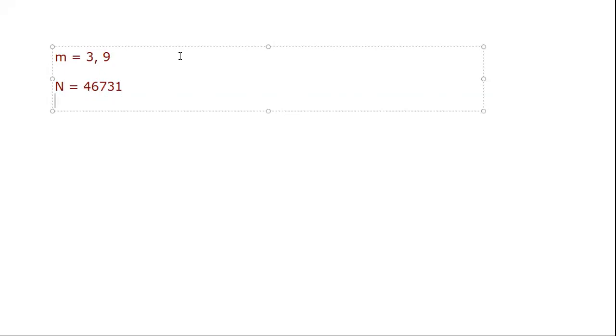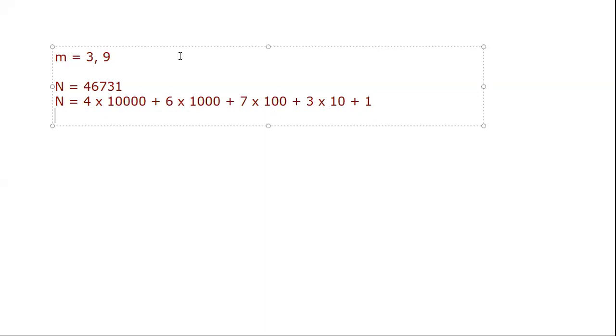Now you can think of this as 4 times 10,000 plus 6 times 1,000 plus 7 times 100 plus 3 times 10 plus 1. Now this can be written in this form.